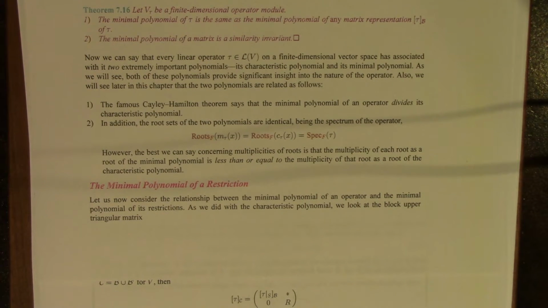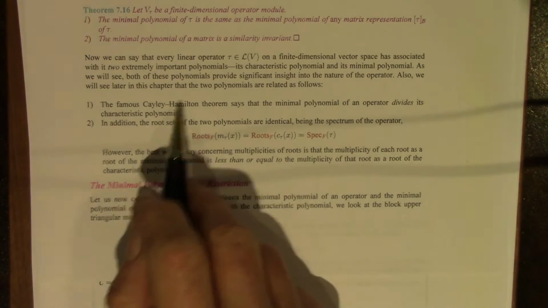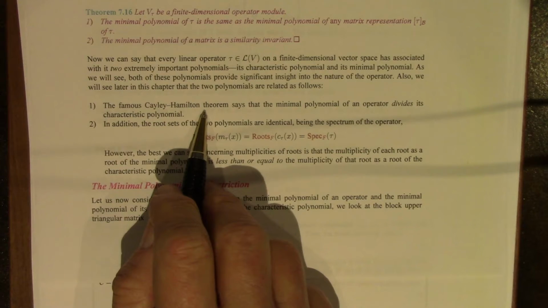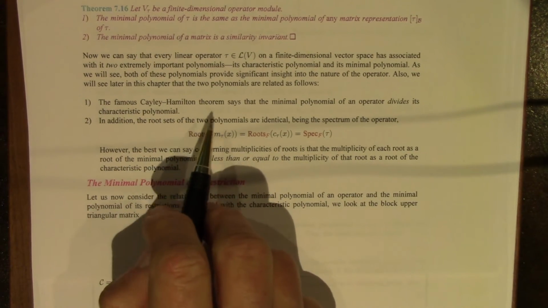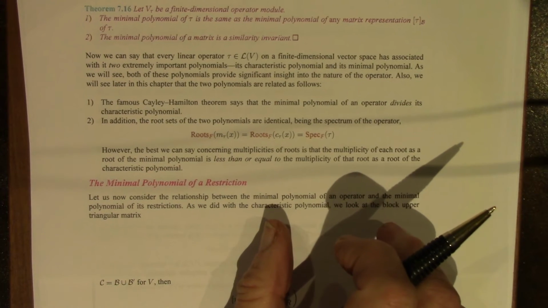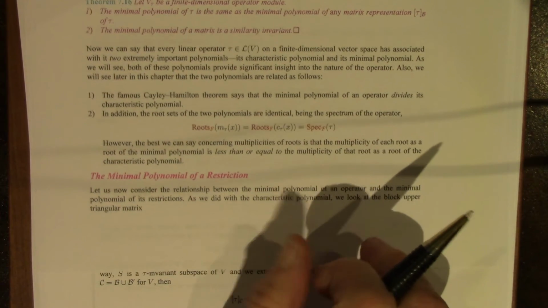Characteristic polynomial, for example, tells you about the eigenvalues. We'll also see later in this chapter that there's a strong relationship between the two polynomials. There's a very famous theorem called the Cayley-Hamilton theorem, and it says that the minimal polynomial divides the characteristic polynomial.